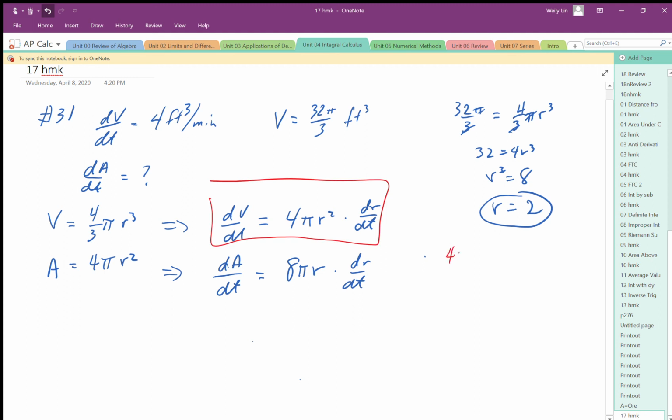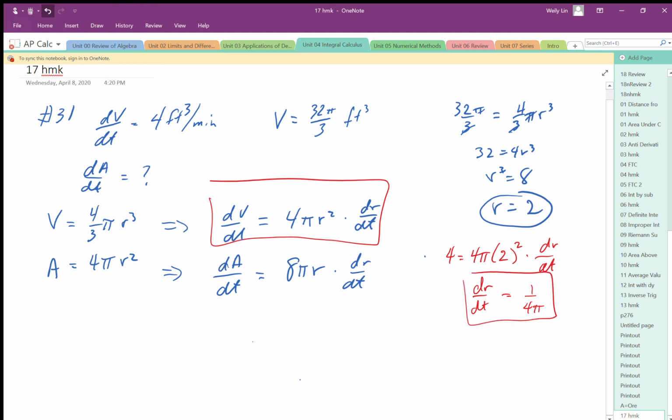So I'm going to plug in 4 cubic feet per minute is equal to 4 pi r squared times dr by dt. I want to find that rate. The change in the radius over the change in time is going to work out to be, the 4's cancel out, so I'm going to end up with 1 over 4 pi. That is my dr by dt.